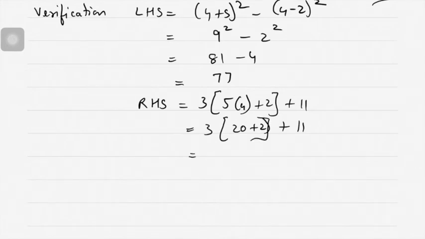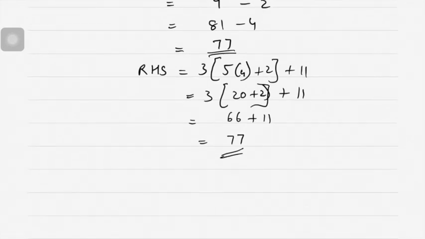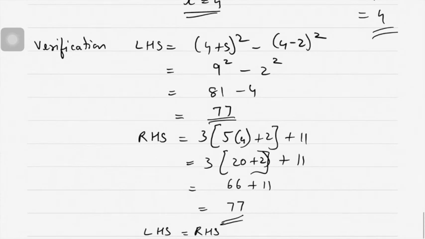So 3 into 22. 3 into 22 is 66 plus 11, which is 77. That means my LHS equals RHS. Right? If LHS is equal to RHS, that means your x is equal to 4. That is the correct answer.